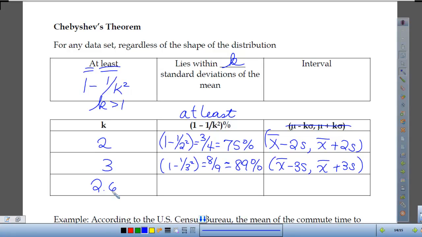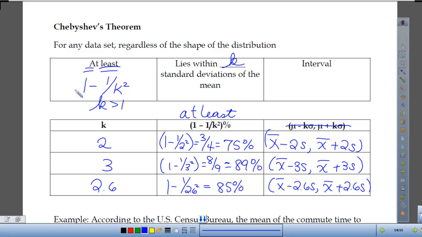I get 0.852. So at least 85% of our data is going to fall within 2.6 standard deviations of the mean. That's just an example. So you see it does the same thing that the empirical rule does. It just has different numbers that go with it. In fact, we get those numbers from this formula.